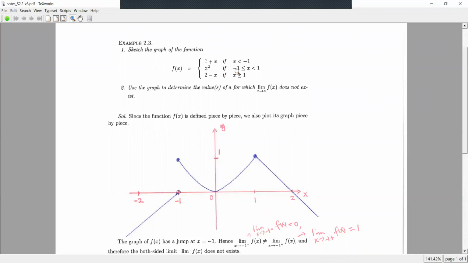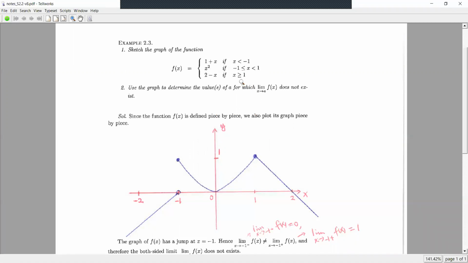Second piece, when x is between -1 and 1, the function is x squared. The graph of x squared is a parabola. x can be -1, so I put a solid point here. x cannot be 1, so I put an open dot here.